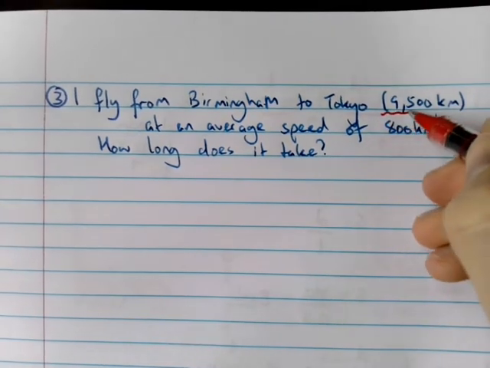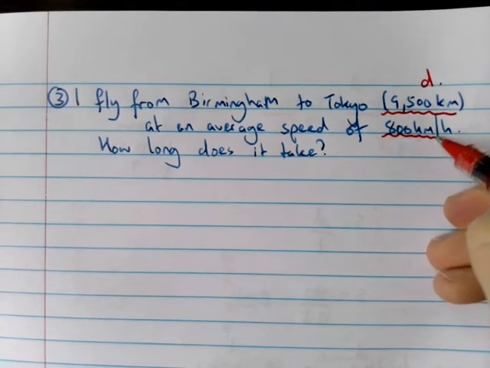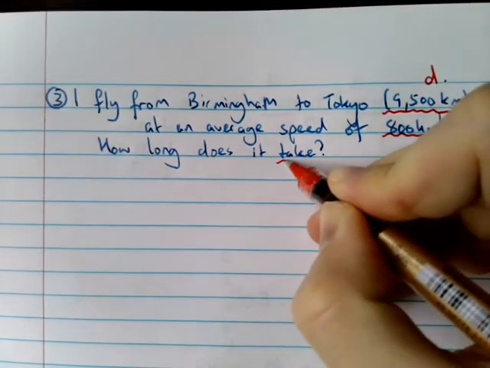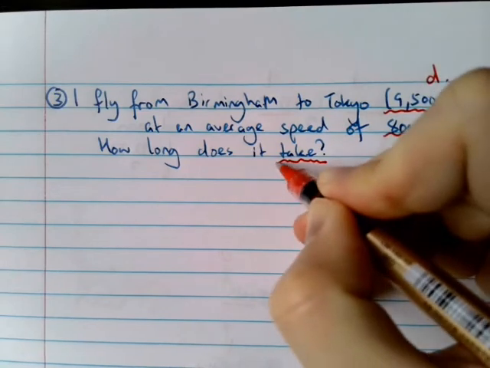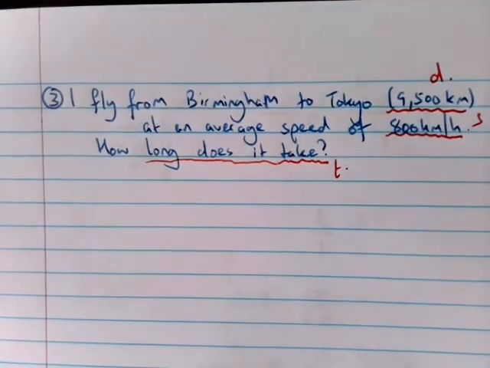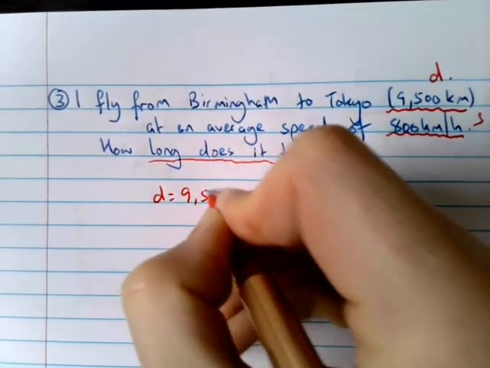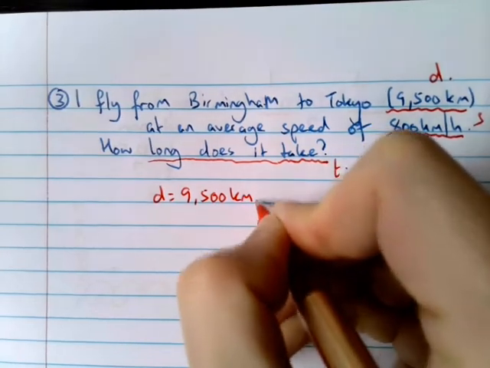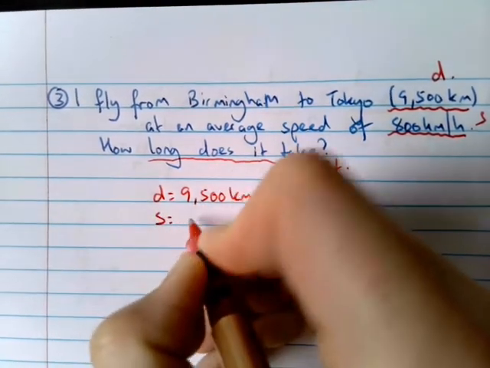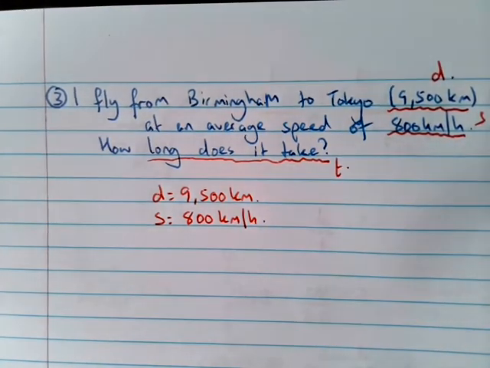Well, I've got my distance, and I've got my speed, and I want to know how long it takes. So that's my time. So if I write my numbers out, my distance is 9,500 kilometers. My speed is 800 kilometers per hour.